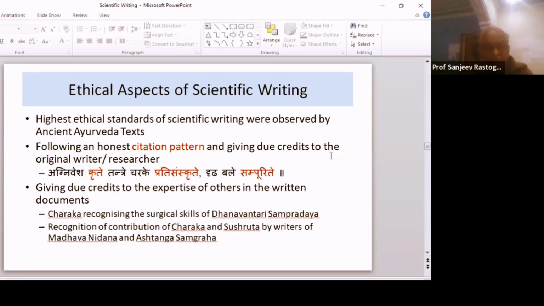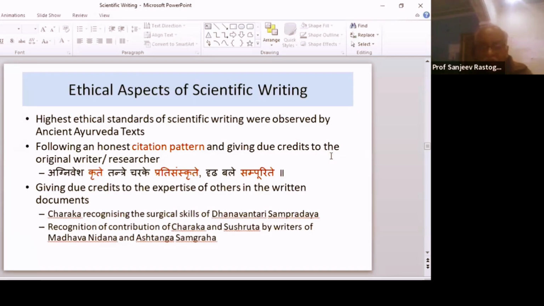If you turn the first page of the Charak Samhita, you will find a phrase which says: Agnivesh krate tantre charake prati sanskrate dradbale sampurite. That simply says that this text was initially written by Agnivesh, then Charak endorsed it further, and then finally some parts of this textbook were missing and were added by Dradbal.